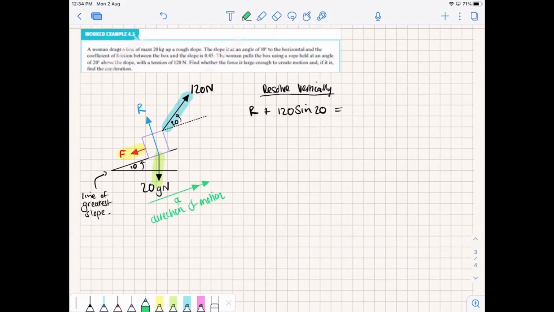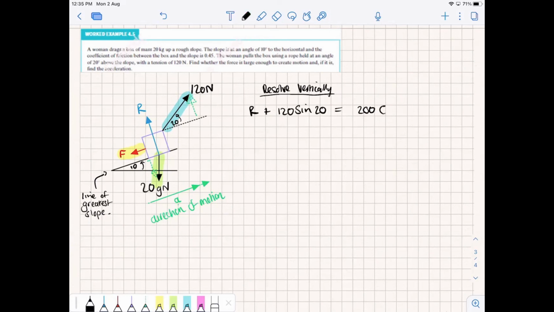Right, so I'm working out this force over here. And then I need to look down at the bottom, and I can see I have a vertical component from the weight, right, acting in the opposite direction. So this will be 200 because it's 20 times 10. And I want to work out the vertical component of that force.